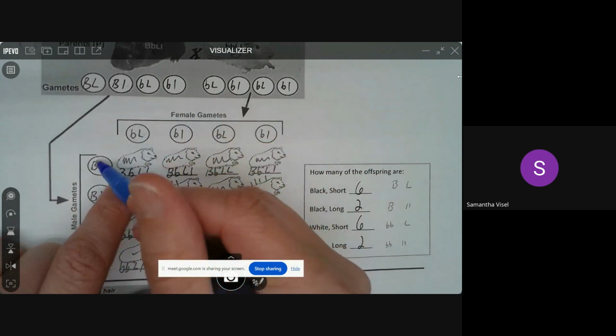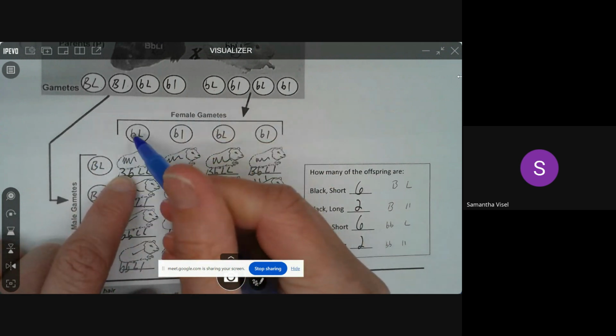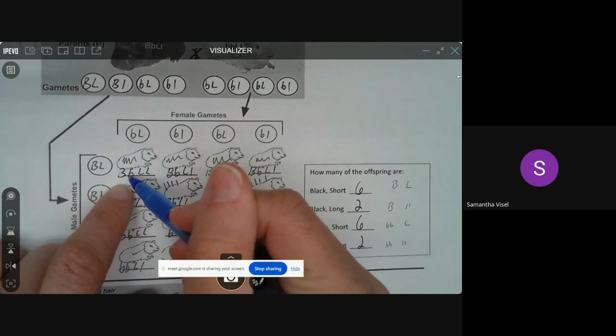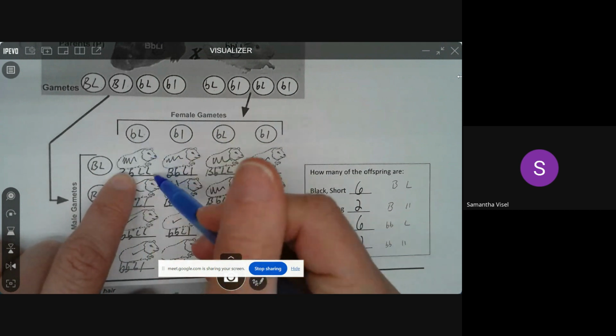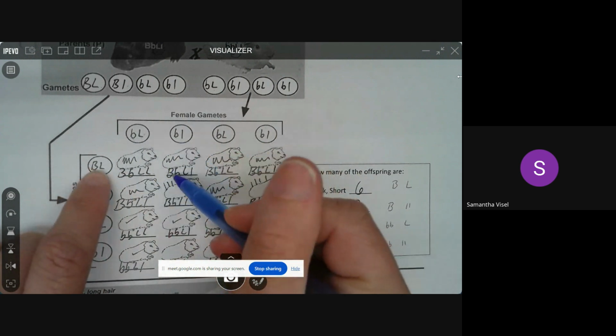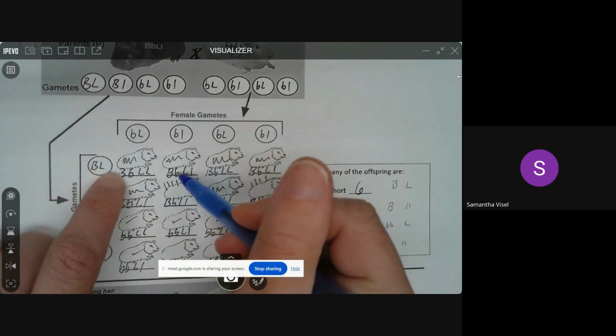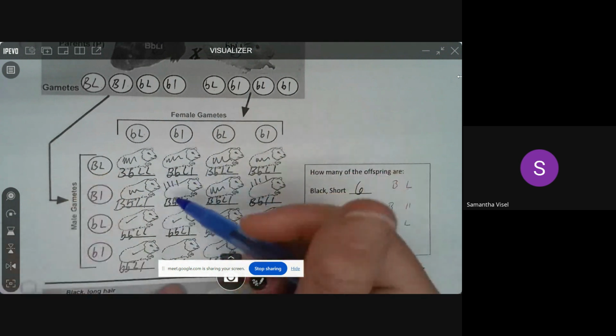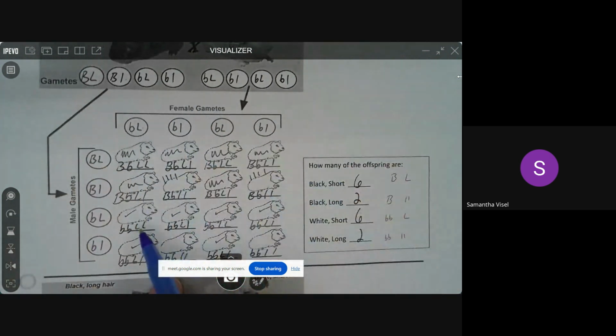So here I have an uppercase B and a lowercase b that match up, uppercase first, and then here I have two lowercase l's. So we're going to just do the match, uppercase B, lowercase b, uppercase L, lowercase l. You're going to do that all along the worksheet.